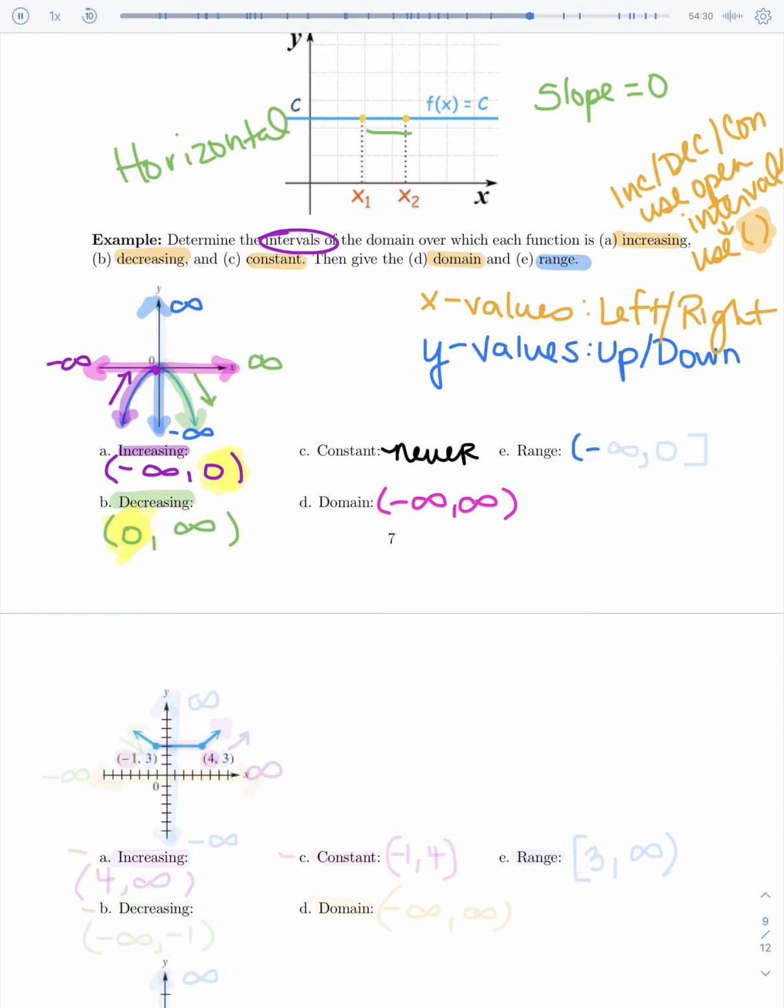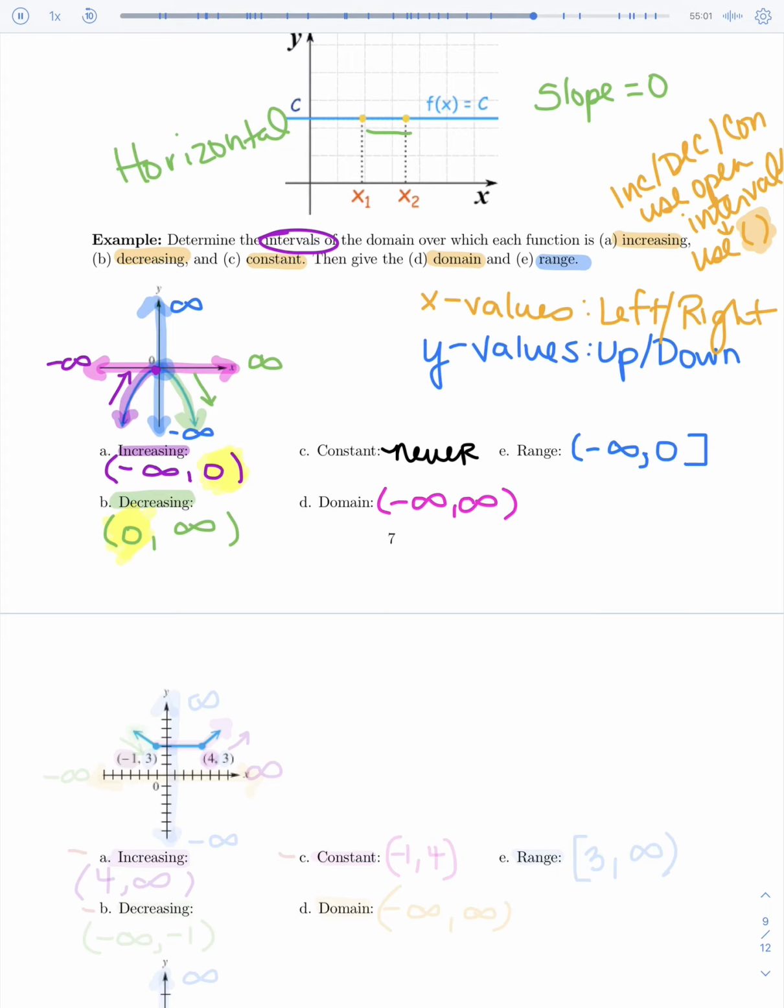So we've got negative infinity to 0, and then there is no graph after that, so we're going to stop at 0. Now, remember, with domain and range, we can use brackets. We don't have to always use parentheses. That's only with increasing, decreasing, and constant. So, because I have a graph here at 0, 0, I do want to include 0 in my range, so I'm going to put a bracket there.